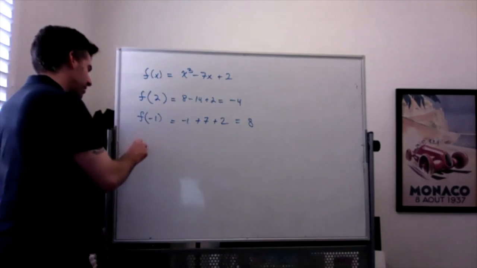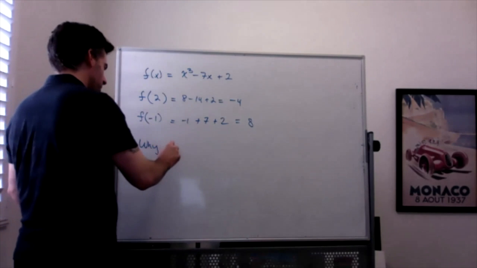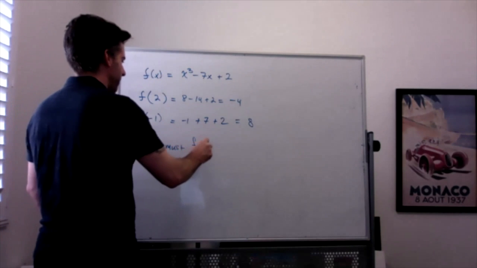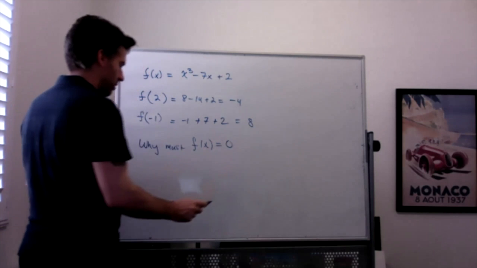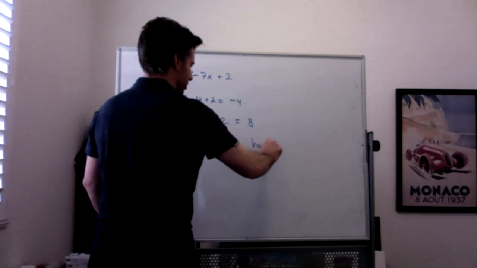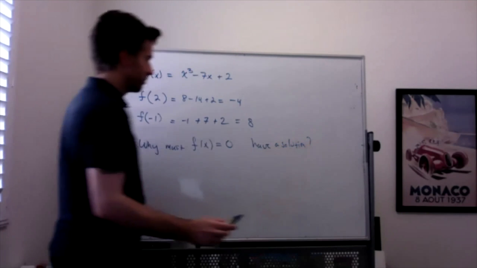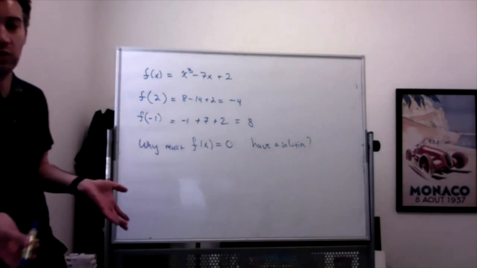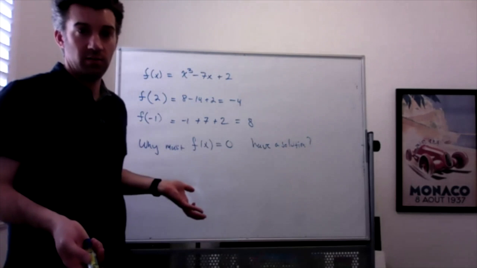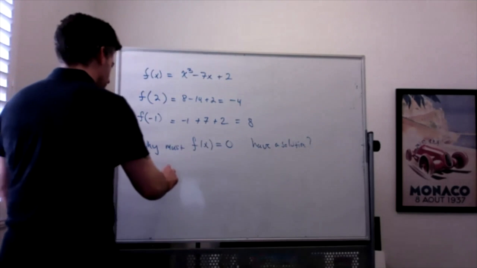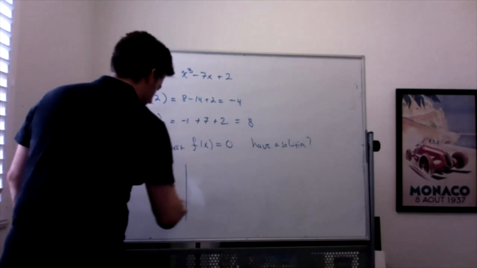So why must it be true? Why must f of x equal to 0 have a solution? Why does this function have to equal 0 somewhere? Well, I'm going to try and draw a picture here.